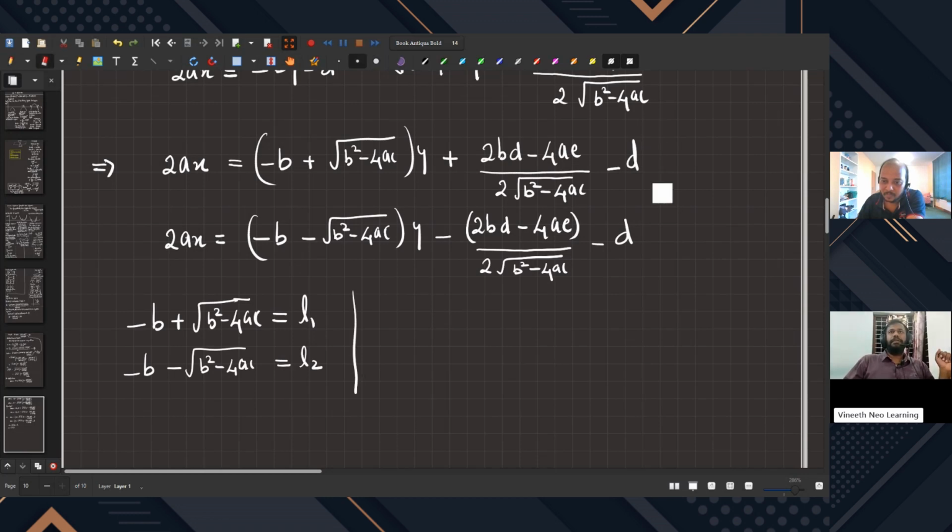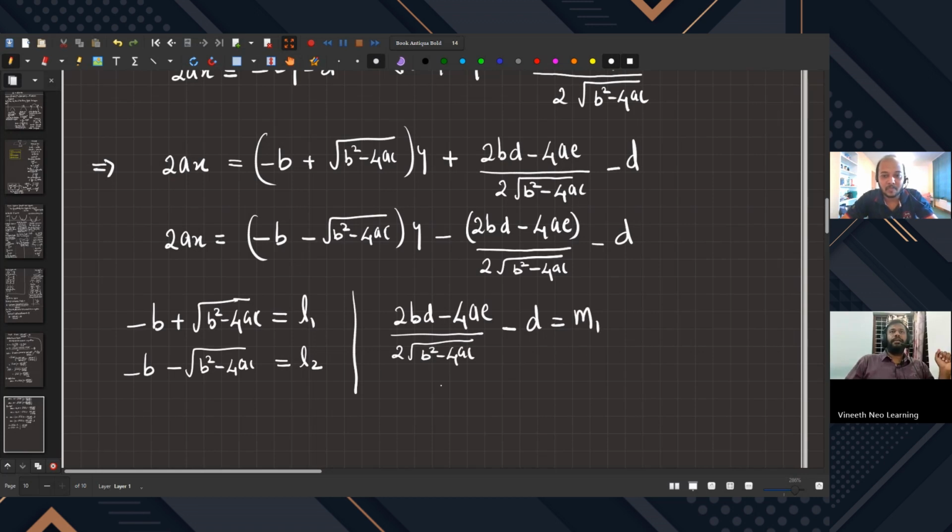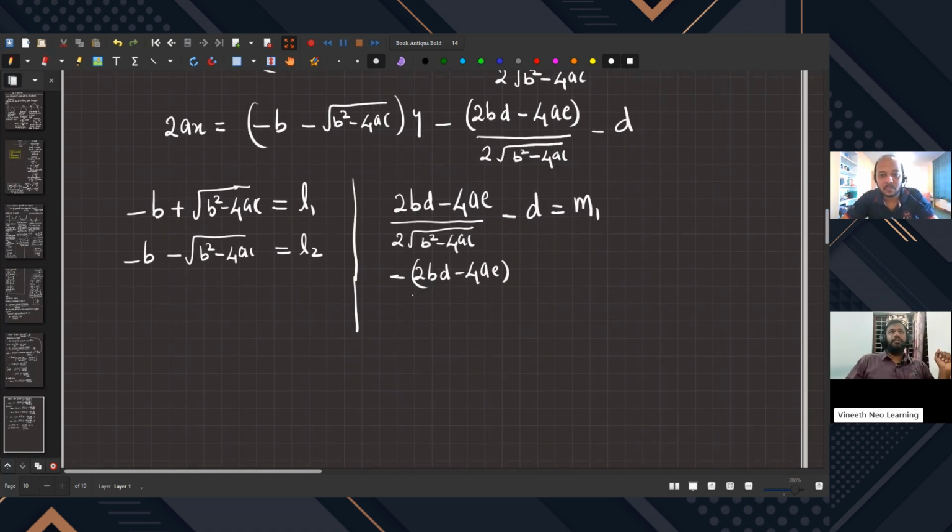and this term 2bd minus 4ae by 2 times square root of b squared minus 4ac minus d as M1, and minus 2bd minus 4ae over 2 times square root of b squared minus 4ac minus d as M2.